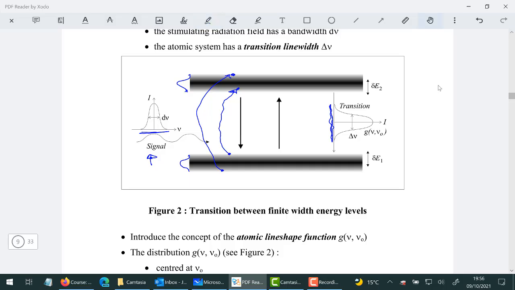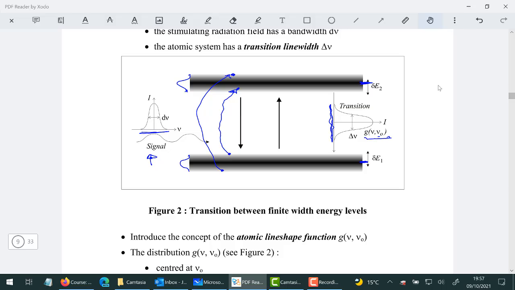Okay. So each of these is defined by a transition shape, the shape of that curve, and that shape for the transition, the line shape function, is referred to as g, and it's a function of frequency and the center frequency. The center frequency would be from the middle of the distribution for E2 to the middle of the distribution for E1. So the center of that distribution, essentially.